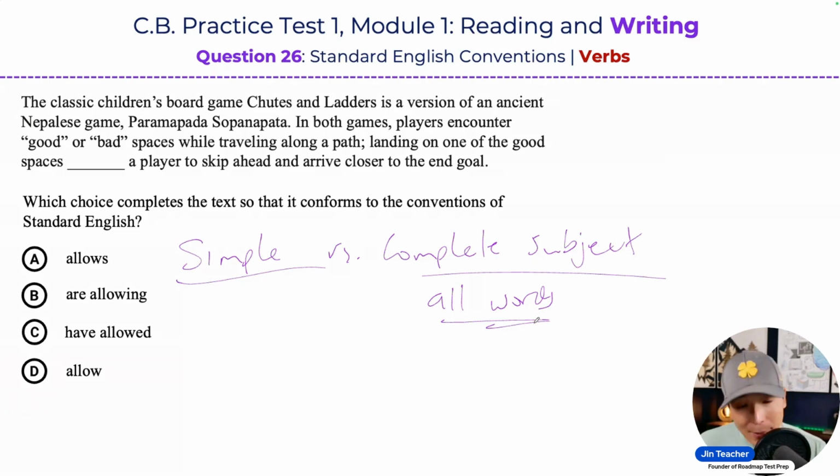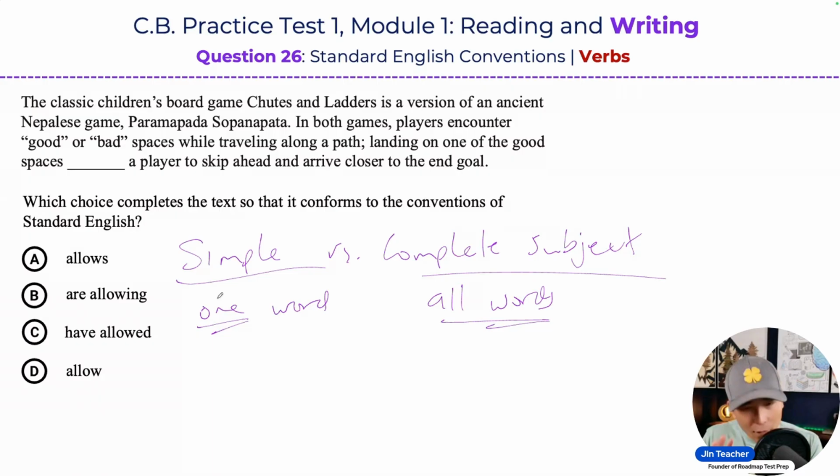A simple subject, on the other hand, is oftentimes just that one word that identifies just the bare bones subject in a sentence. So usually the simple subject is shorter than the complete subject, because the simple subject doesn't include unnecessary words to identify the subject, okay?